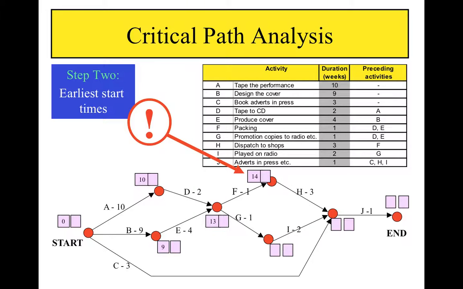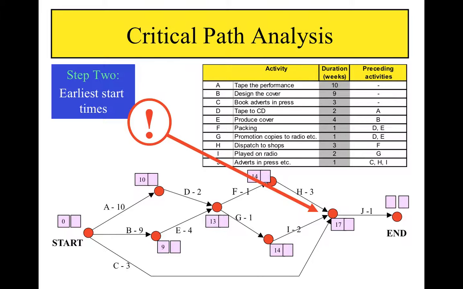Continuing, 13 plus 1 is 14. And again, 13 plus 1 is 14. At the beginning of J, we have another choice, this time of 3 possibilities. 14 plus 3 is 17. 14 plus 2 is 16.